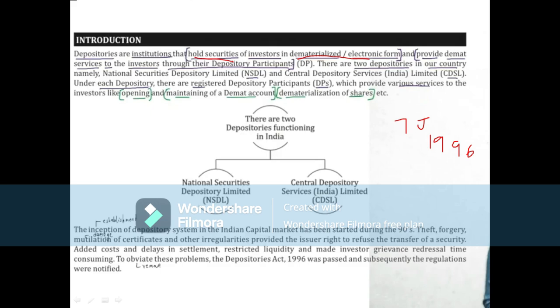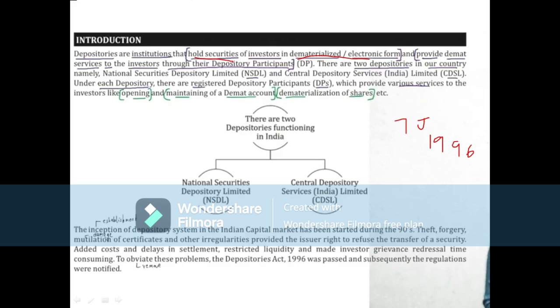Depositories means previously physical share certificates were there, but now through this Depository Act, dematerialization came into existence, which is nothing but the electronic form of certificates, the securities of the investors. There are two depositories in our country, namely NSDL and CDSL.